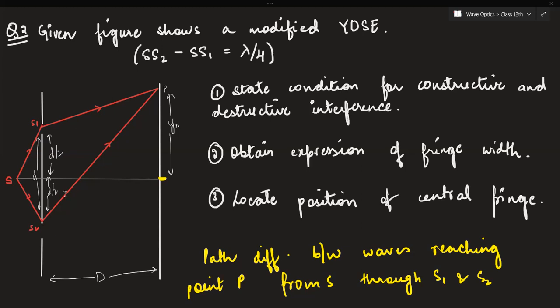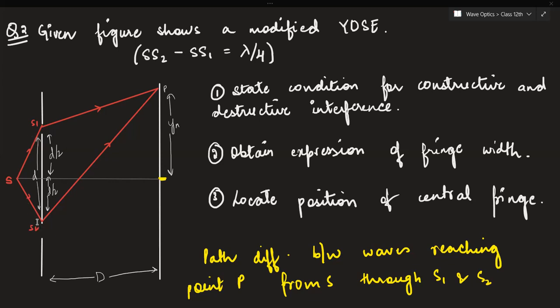See class, when we did this derivation in the last class, we had this part S1P, we had this part S2P. So S2P minus S1P, this was the path difference that we had obtained and the whole expression was obtained. Now what is happening? Now you have additional waves that are also coming from the source, that is SS1 and SS2.